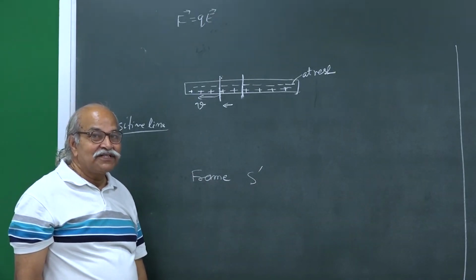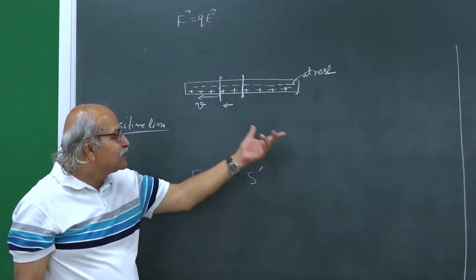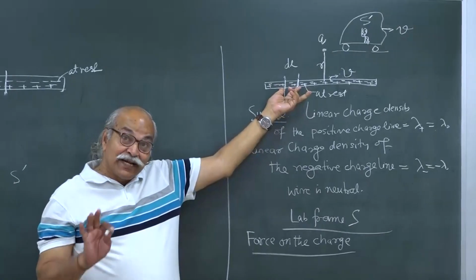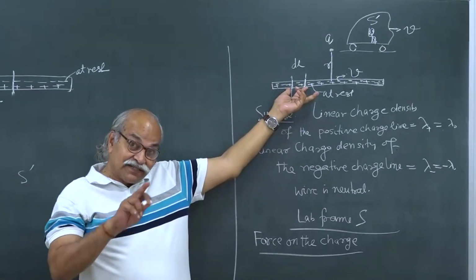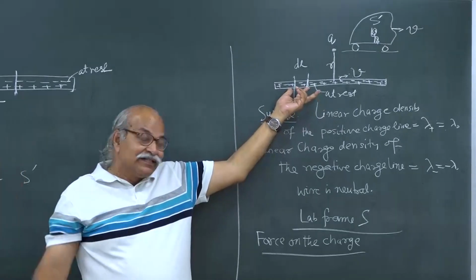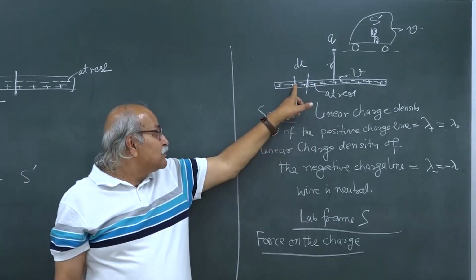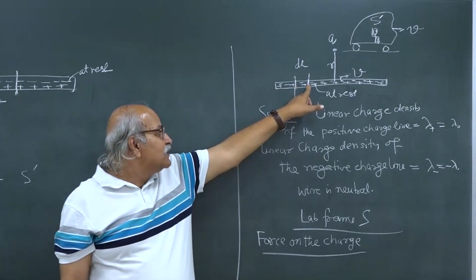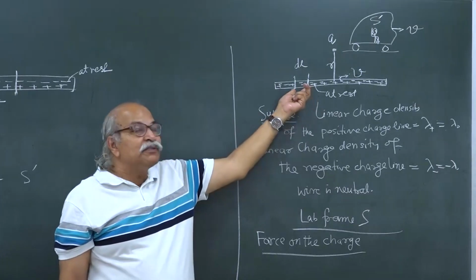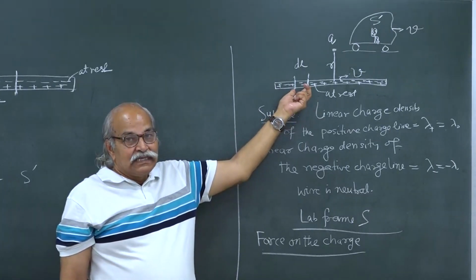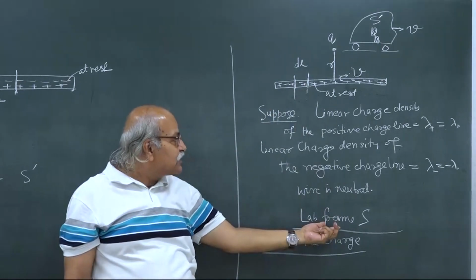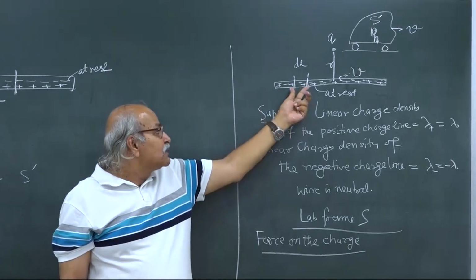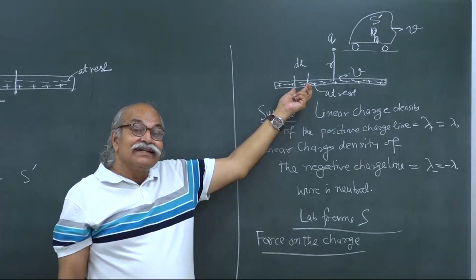Only look at the positive charges, the plus plus plus plus plus. If I choose a particular point on this positive line and another point here, the separation between these two: if I look from S, since the entire positive line is at rest, this length dl is the rest length.